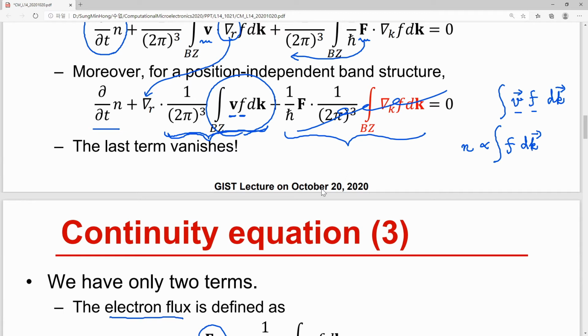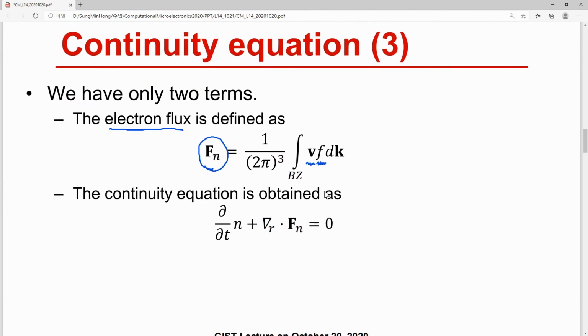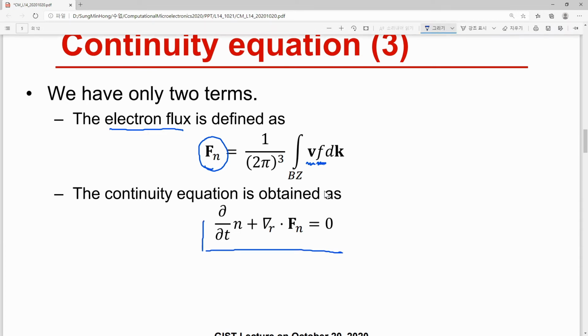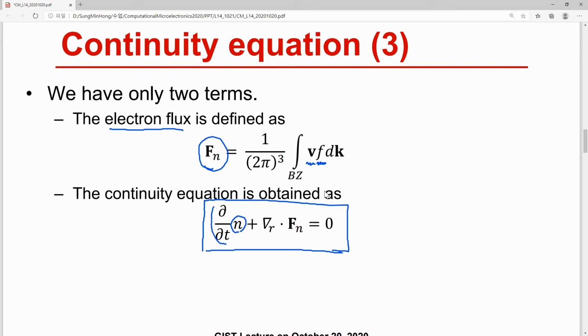Of course here we have a divergence term, and when we make it clear, this one will be the equation. Simply speaking, the time derivative of electron density is related to the divergence of electron flux.